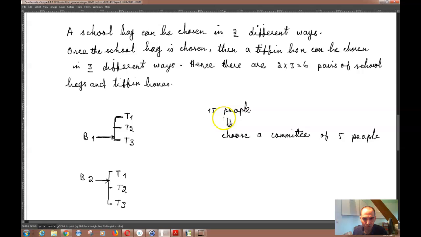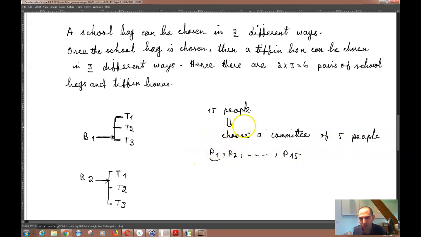If I take person 1, person 2, all the way up to person 15, I could choose person 1 with persons 2, 3, 4, 5, then take the next 5 people, and then switch the first person, and so on.